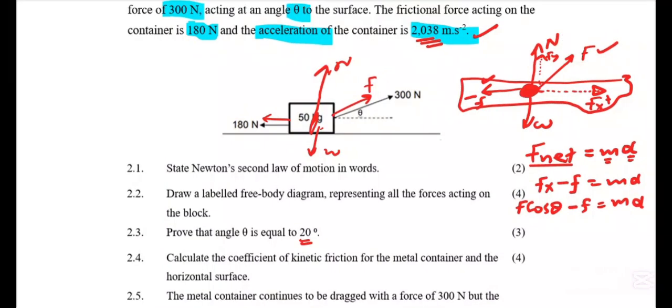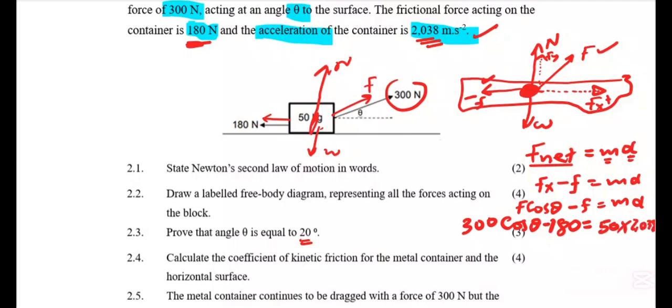Okay, so we must substitute: the applied force is 300 newtons cos theta minus 180 of friction, which is equal to the mass, 50, times acceleration, 2,038.